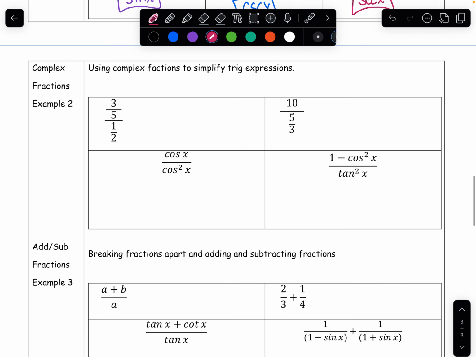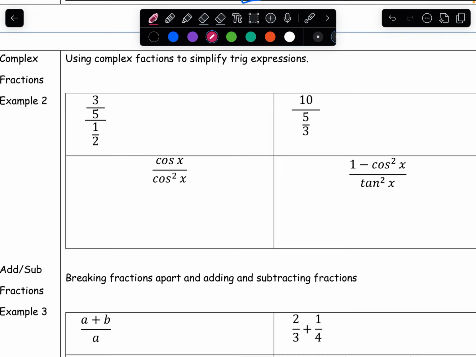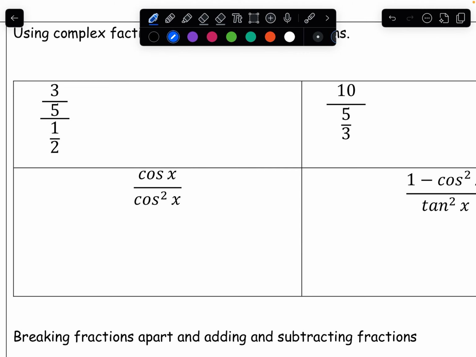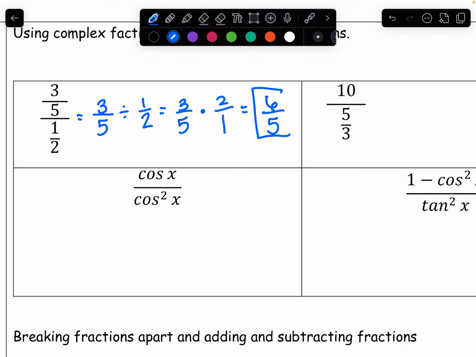Now what we're going to do is use complex fractions, so we're on to the next page. So we can have 3/5 divided by 1/2. Well, we keep, change, flip, and so nothing cross cancels, so we just multiply across and we get 6/5. We already did this problem, so you can just cross it out.